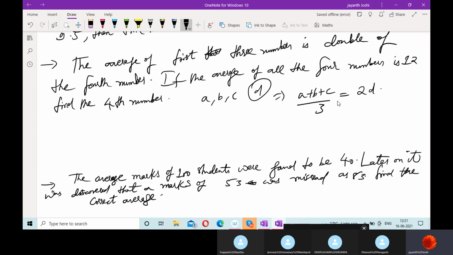And the average of all four numbers, what did they give? 12. So the sum would be, so what are they asking? The fourth number.